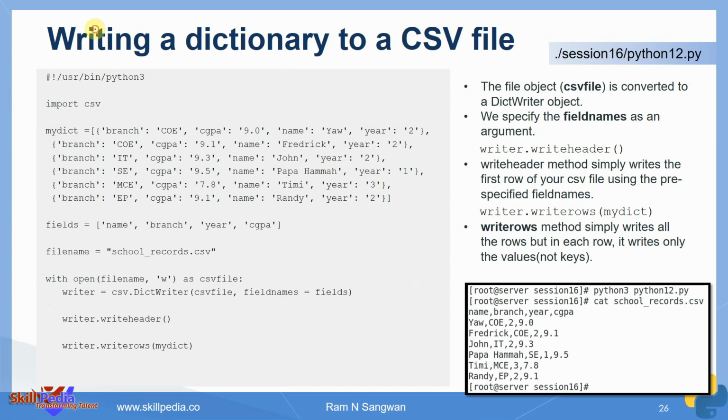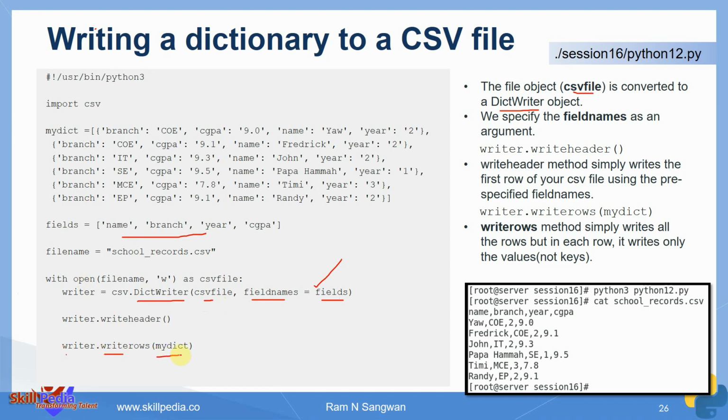You can also use a dictionary. The file object csvfile is converted to a dictionary writer object. Where? It is here, DictWriter, csvfile, and field names are taken from fields. These are the fields I am giving. So field names are from fields, and we are converting that into a dictionary writer, and then we are writing.